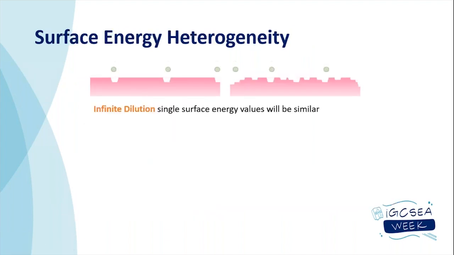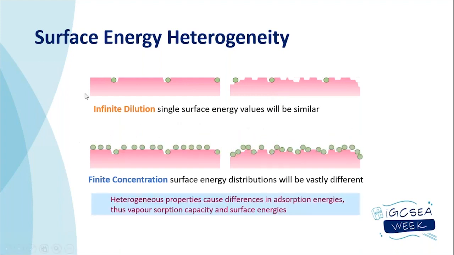If I have a little cartoon, and this is obviously just for visual information, not actually how it would look, these two surfaces might look fairly similar at infinite dilution because they're going to be dominated by the most energetic sites. But if we can do a range of concentrations, we can then get a much broader, more diverse and fuller picture of the surface. This is kind of like shining a flashlight at one spot, and this would be shining a floodlight across the entire surface.